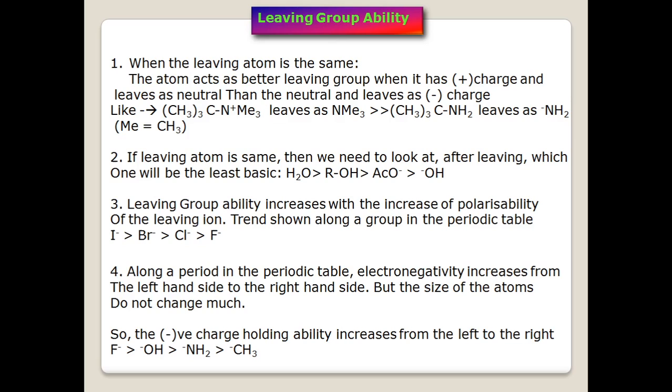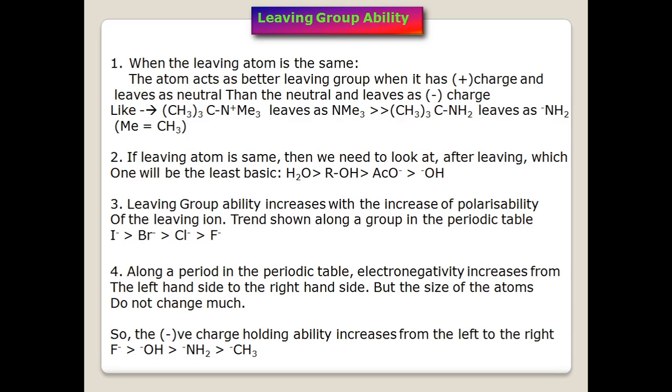So in the case of iodide, being very big in size, the single charge will get more space to be dispersed compared to bromide, which is again better than chloride. And since fluoride is the smallest, it has the least charge dispersion ability.